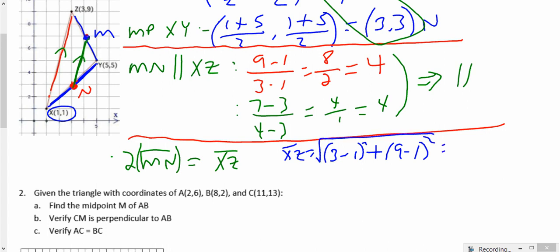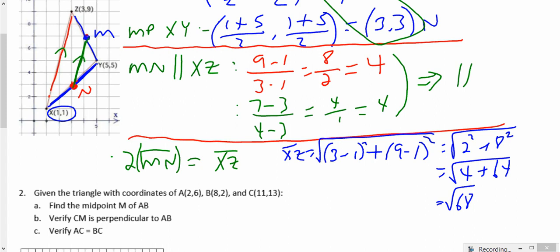And that will give us 2 squared plus 8 squared, all underneath the square root, which will give us 4 plus 64 underneath the square root, which gives us square root of 68, which is approximately 8.25. And that is the length of XZ. Now that's the longer of the two.